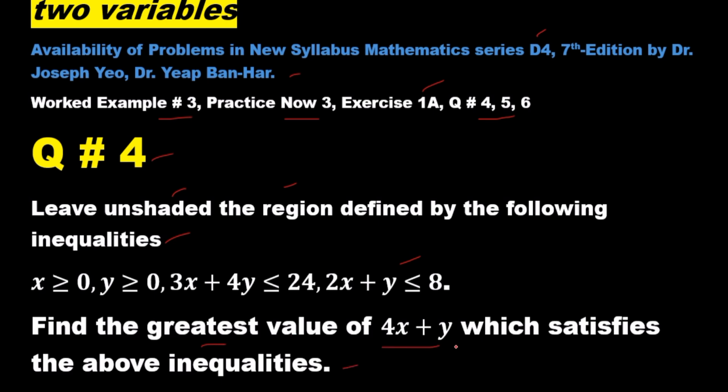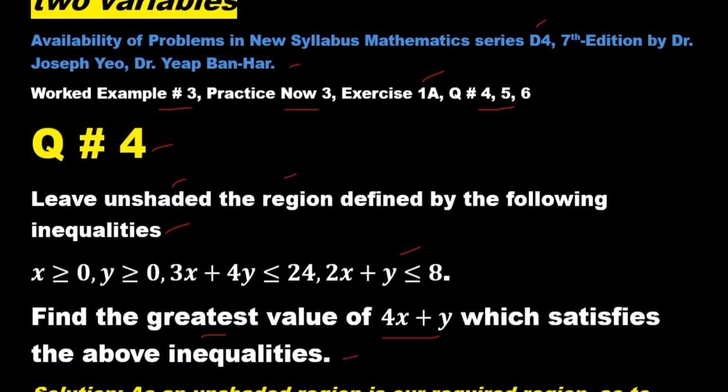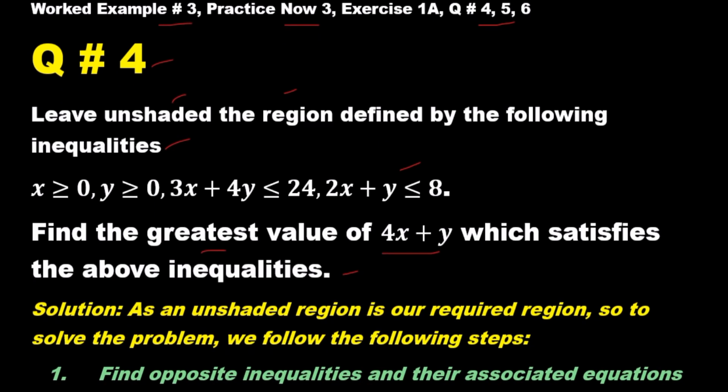So this is a very important question regarding your exam. To solve this question we will follow the following steps. I have written that the unshaded region is our required region.